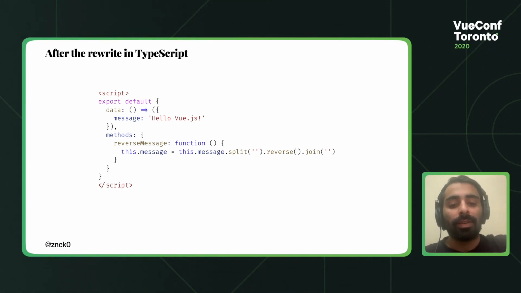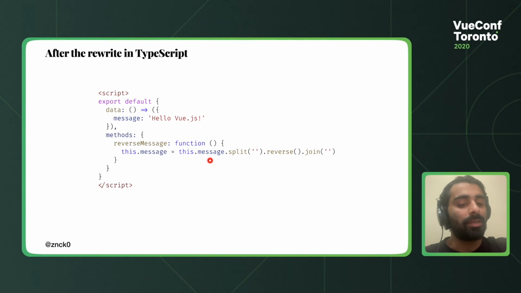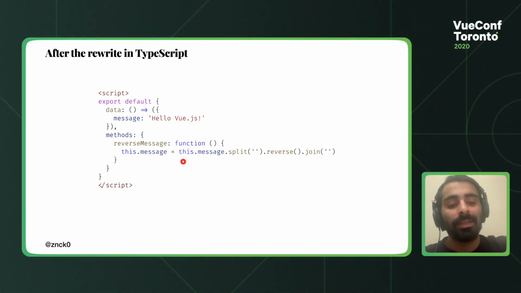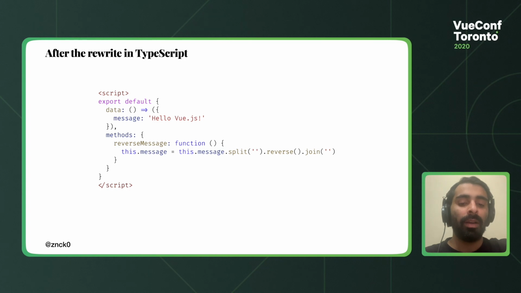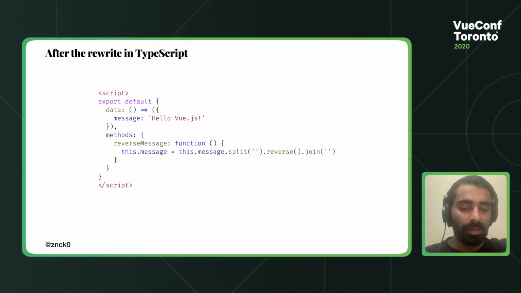So like we are defining this message in data, but we can access it inside a method using this.message. And to type this object, it's quite cumbersome. And it was very difficult when we were working on Vue 2, but both Vue and TypeScript have grown a lot, and there are many features which make this thing possible today.